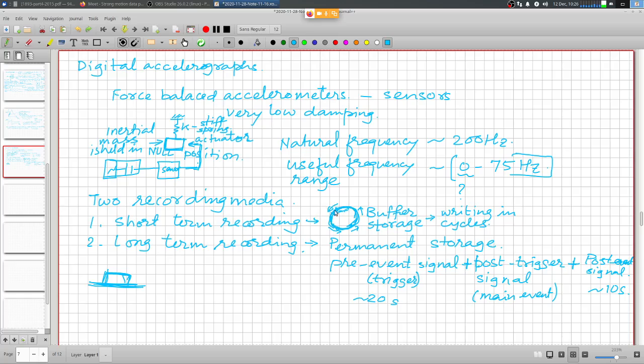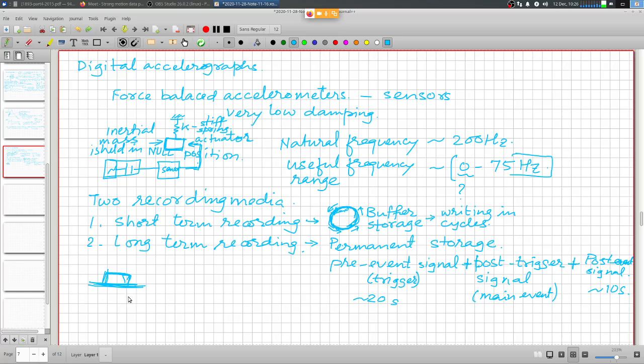The accelerograph will keep on recording in this buffer storage until some interesting signal happens, an event is triggered, and then that main event signal that is of interest is moved to the permanent storage along with the suitable portion of the pre-event and post-event signal.